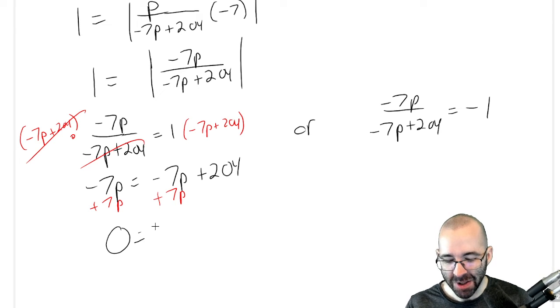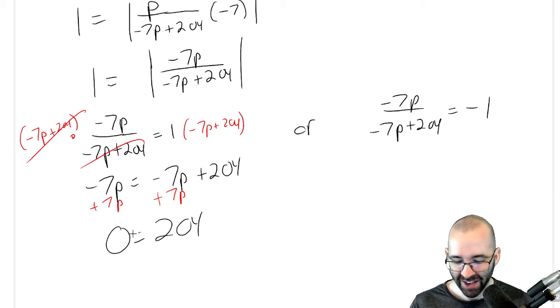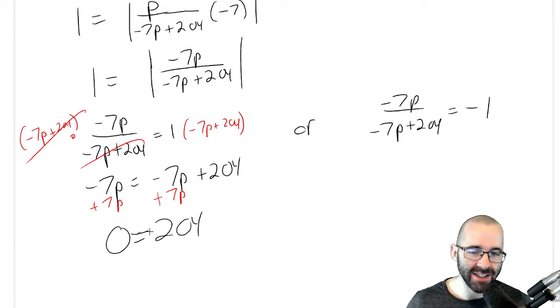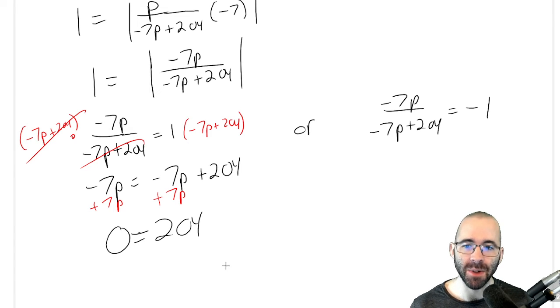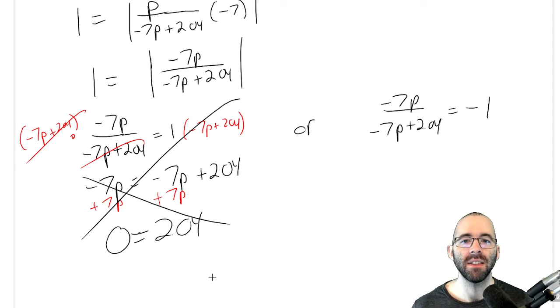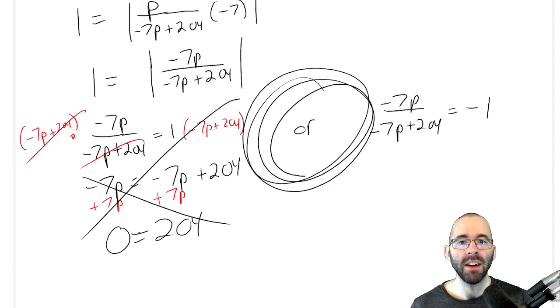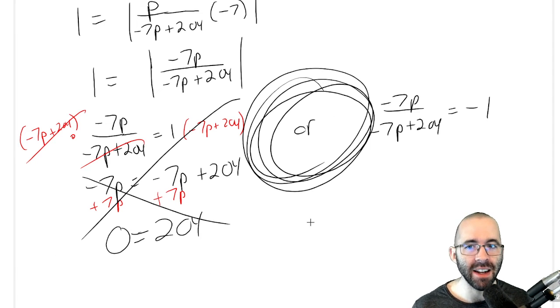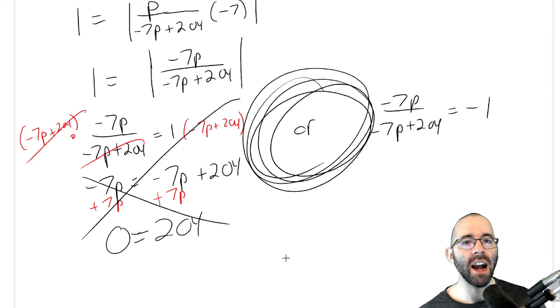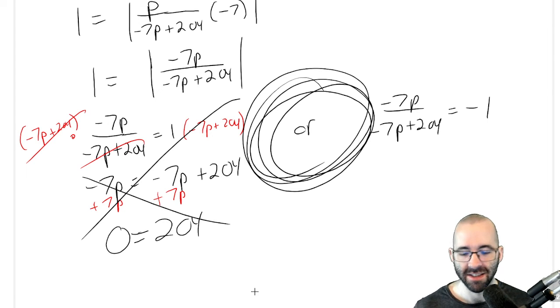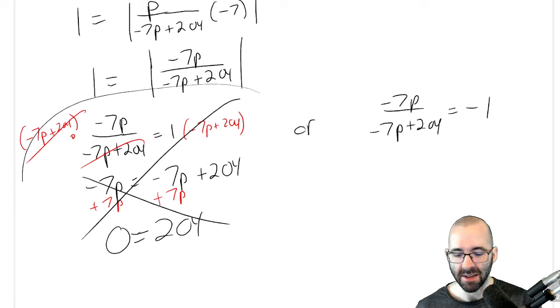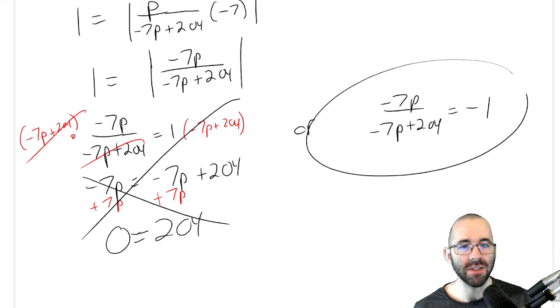And we get 0 equals 204, which you do not need an advanced degree in math to say that's impossible. It's a good thing we had two options, right? We had to solve either one of these equations to get our answer. Well, this is impossible, so let's hope we can solve this one.